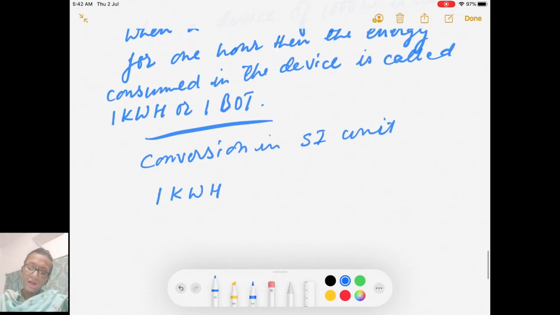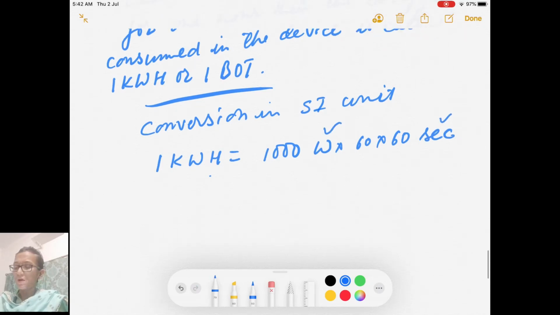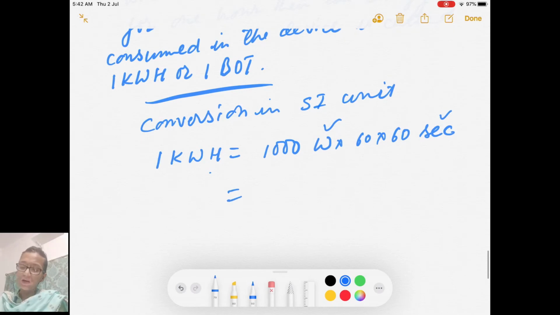So 1 kilowatt hour is equal to, for kilo you can write 1000, for watt it is already your SI unit, but hour is not your SI unit. So let us convert hour into second, 60 into 60 seconds. Now you have watt SI unit, second SI unit. So watt second is equal to joule.